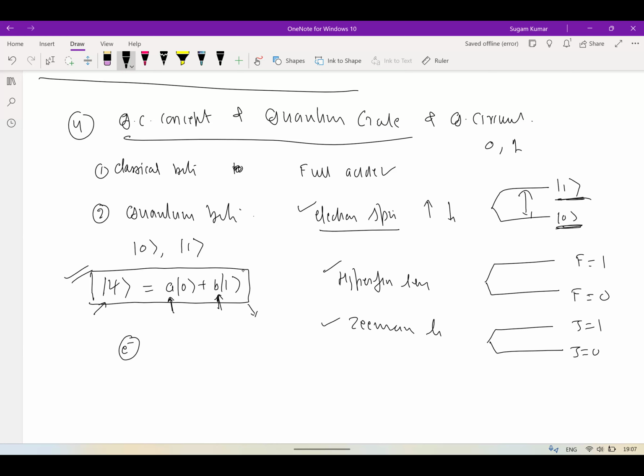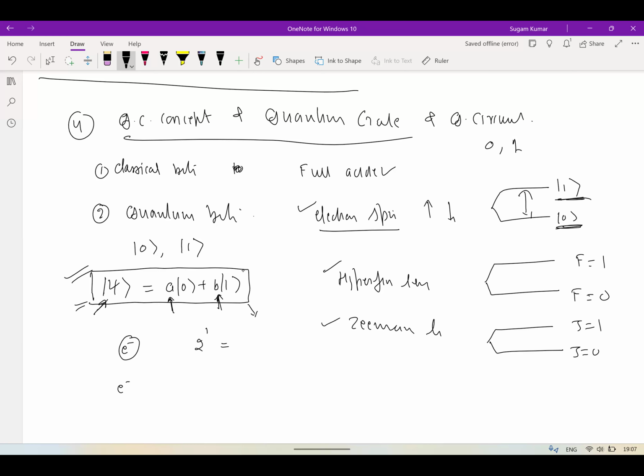Because it means that this one wave function is going to have two pieces of information, A and B. So you have one qubit, and you can see that you need 2 power 1 complex numbers to define this psi.